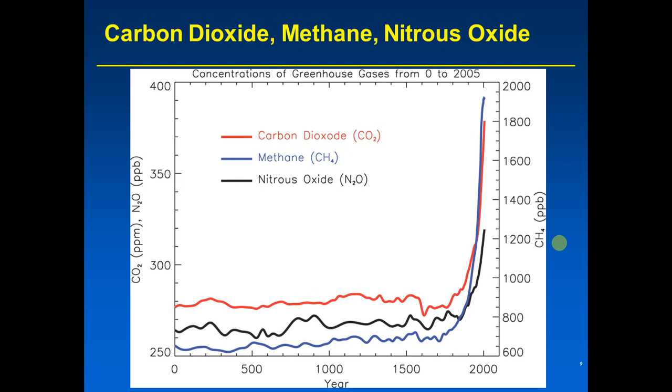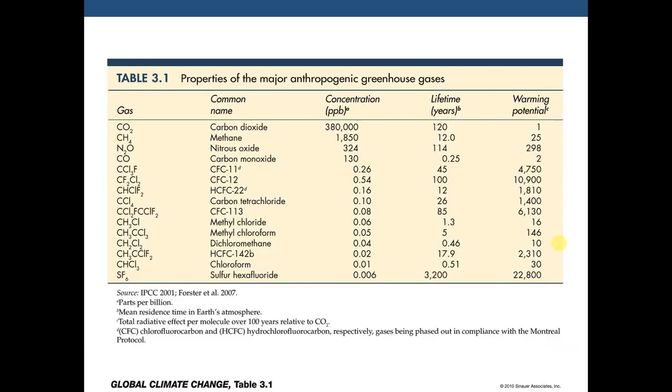So we can look at a table we've seen before showing the properties of the major anthropogenic greenhouse gases, a figure from your book. Now this is 2010, or that's when the book was published. So some of these concentrations have changed just in a matter of 6 years. Of course, we know that carbon dioxide concentration is now over 400 parts per million, or 400,000 parts per billion.